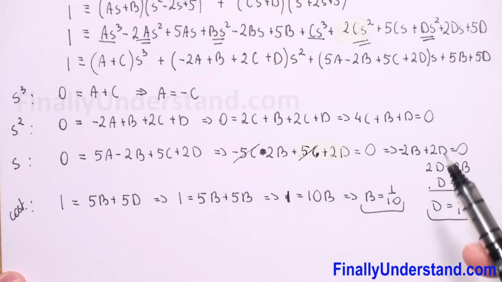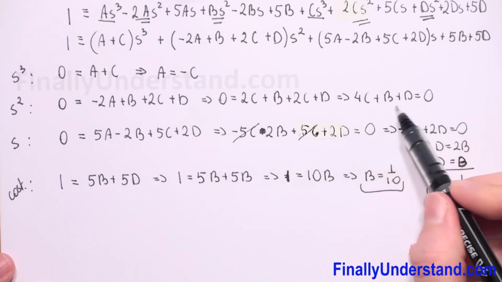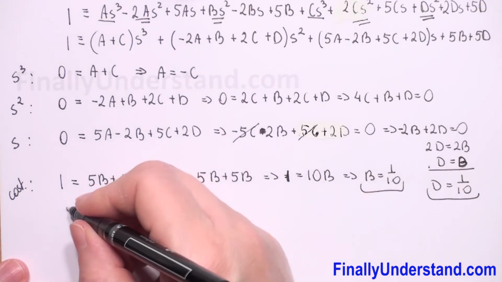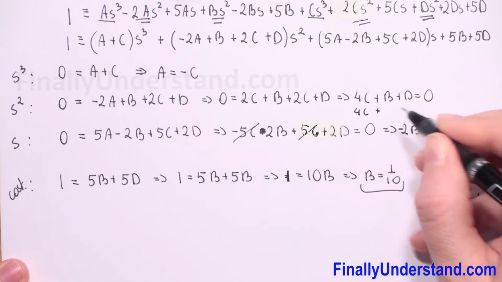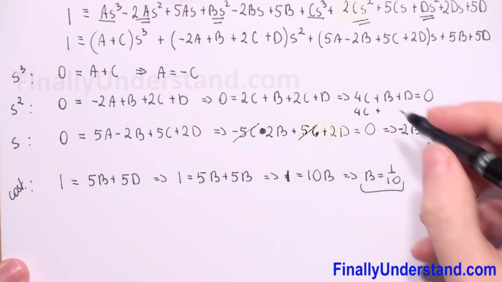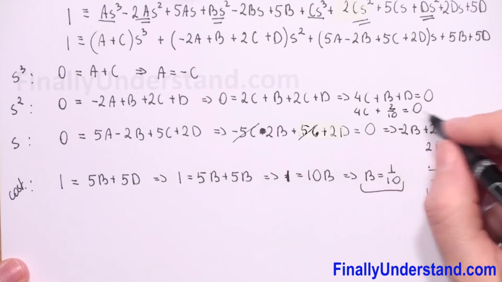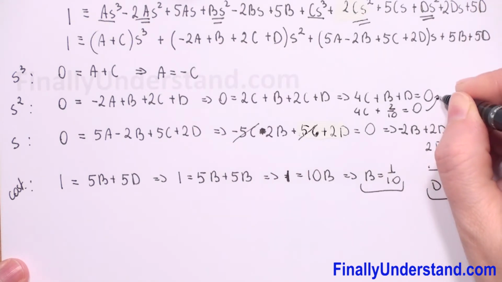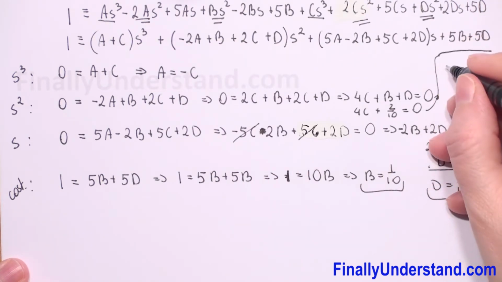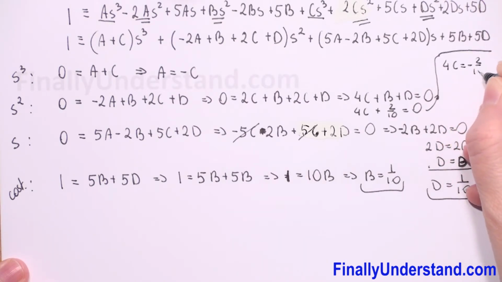Next, we have to find c and a. So let's substitute b and d into this equation. We will have 4c plus 1 over 10 plus 1 over 10, so it will be 2 over 10, is equal 0. I will move this to the right side, so we will have 4c is equal negative 2 over 10.